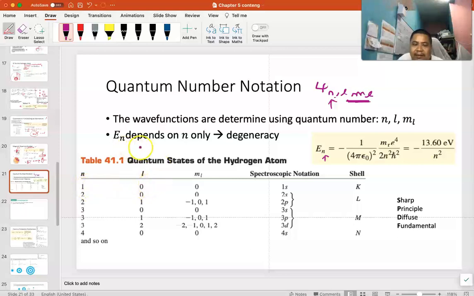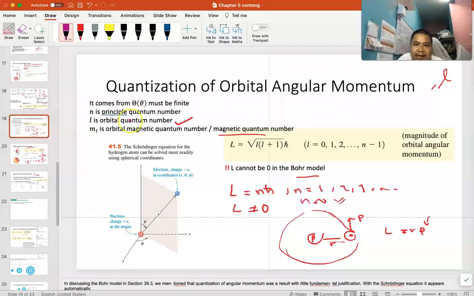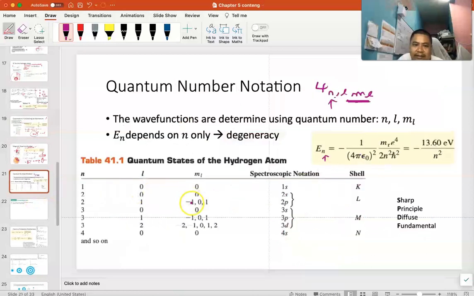Sebab apa? Sebab condition tadi ialah L boleh ambil daripada 0, 1, 2 hingga N minus 1. Kalau N sama dengan 1, maksud dia L ialah kosong. Kalau N ialah 2, awak boleh ada maksimum N minus 1 which is 0 dan 1.